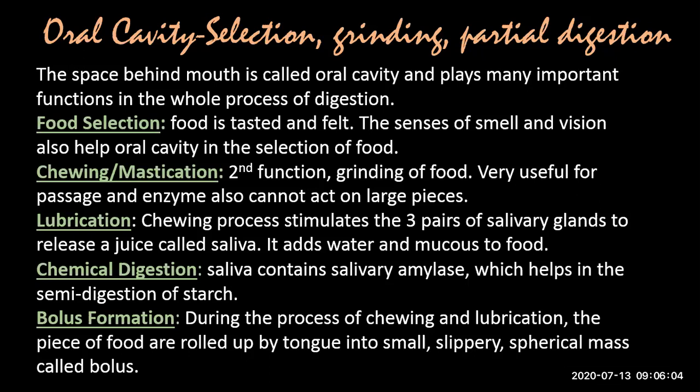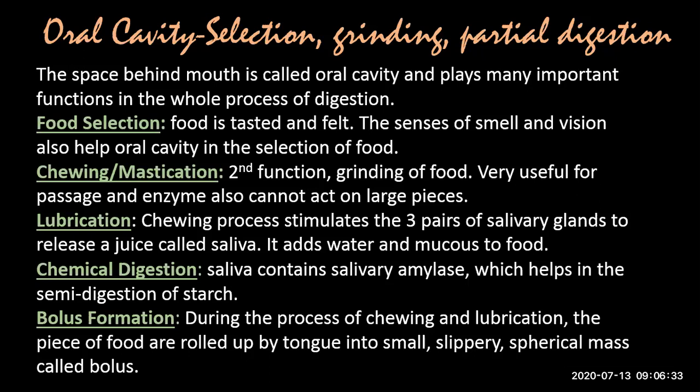Our tongue, with the help of the hard palate, converts it into a small ball-type thing, and that small, round thing is called a bolus. It's a small, slippery, spherical mass which is rolled up by our tongue and converted into a morsel, or in science we call it a bolus.